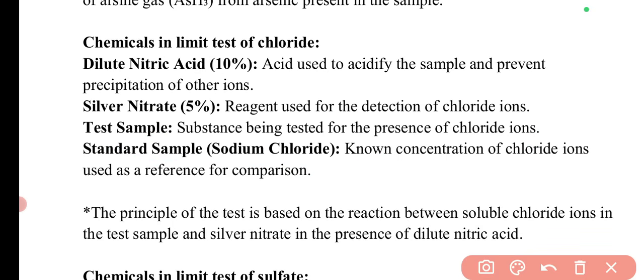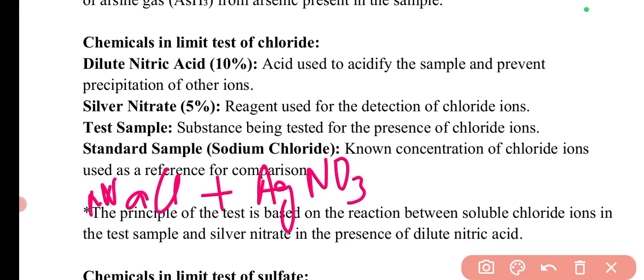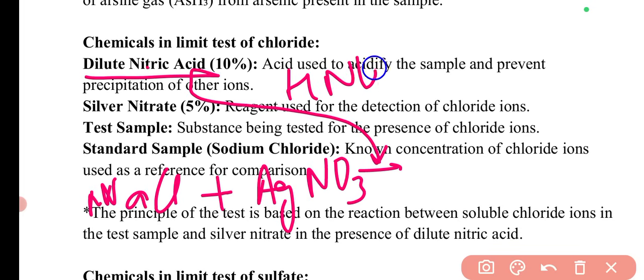So basically what happens in this reaction is that silver chloride will be formed. When will it be formed? When silver nitrate is reacted with sodium chloride, where we have the known amount of NaCl, then AgNO3, silver nitrate, will react in the presence of dilute nitric acid, HNO3.